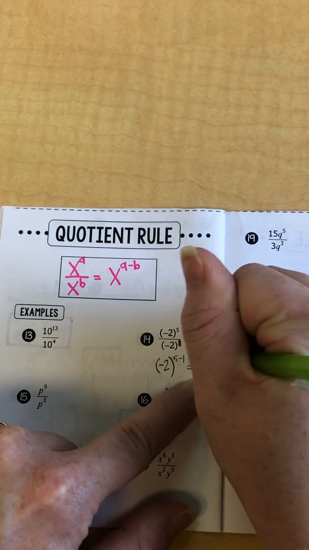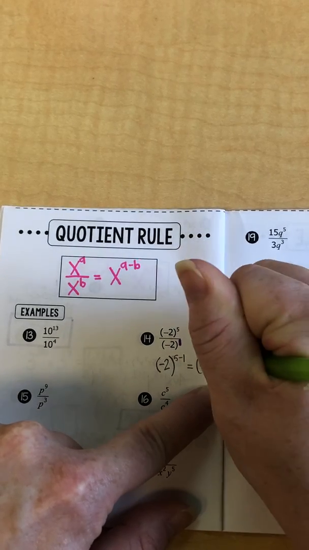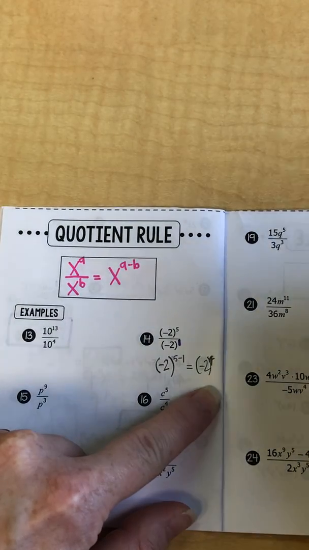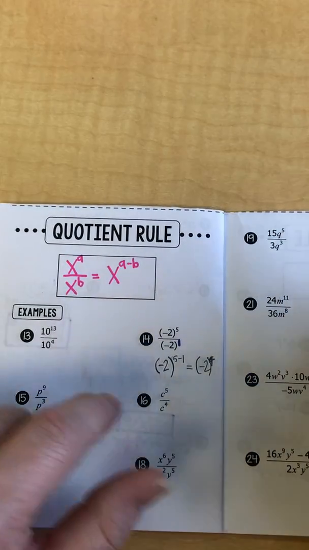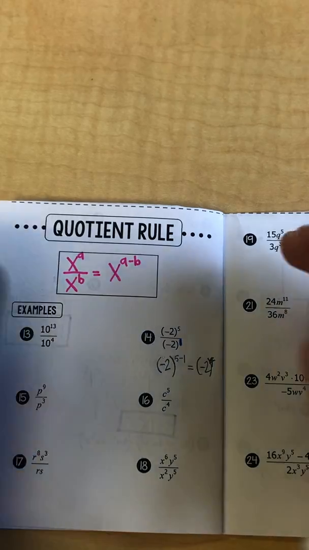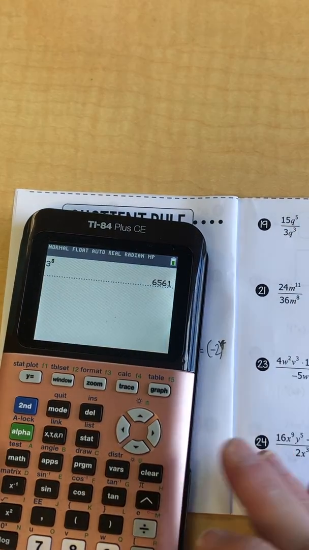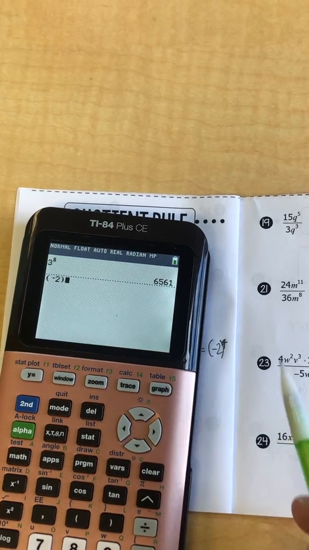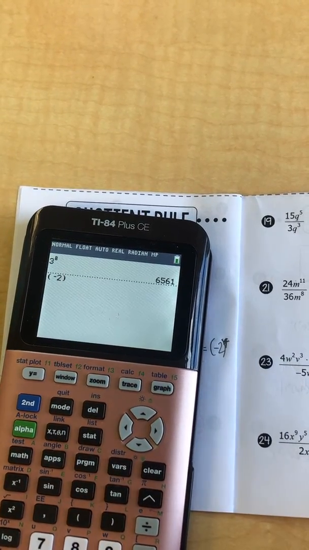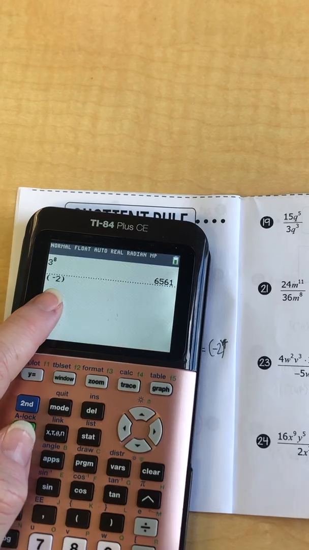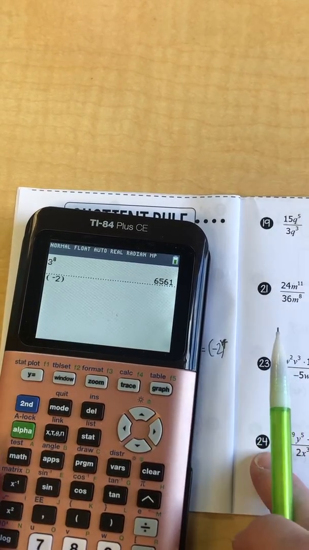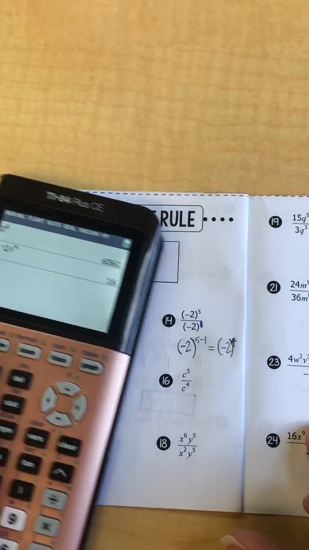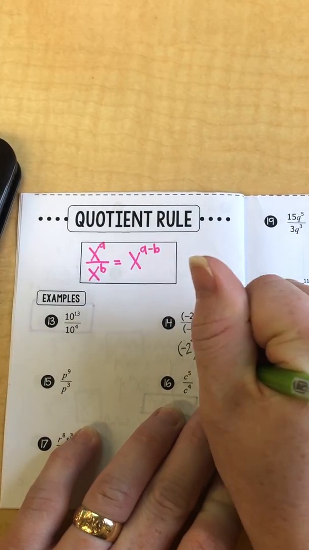So that gives me -2 to the 4th power. Okay, now in my calculator, I'm going to make sure that when I raise that -2 to the 4th power, I keep it in the parentheses that I have here. So when I raise that to the 4th power, I ended up with +16.